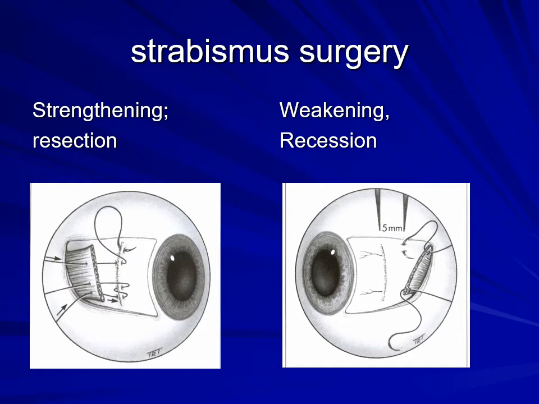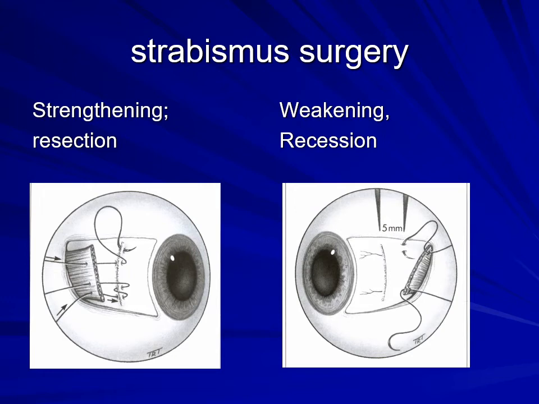In strengthening surgery, we cut part of the muscle as indicated in the left picture, and we reinsert the muscle on its original insertion. Here the strength of the muscle is increased because we have shortened the distance between the origin and the insertion. And in the right part of the picture there is weakening procedure.